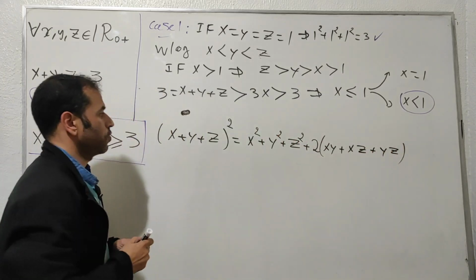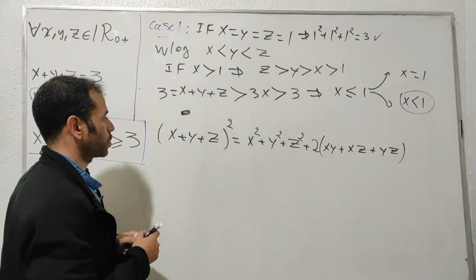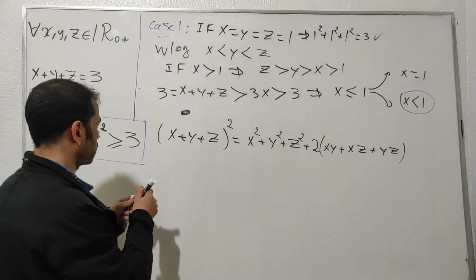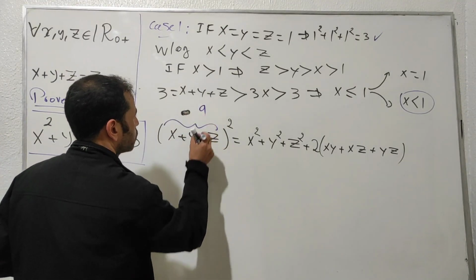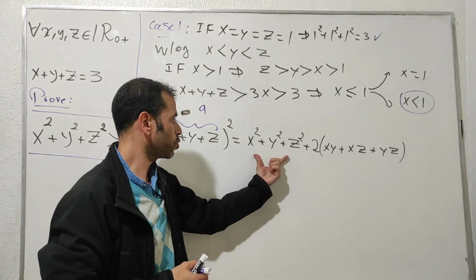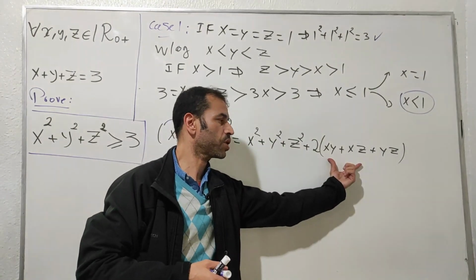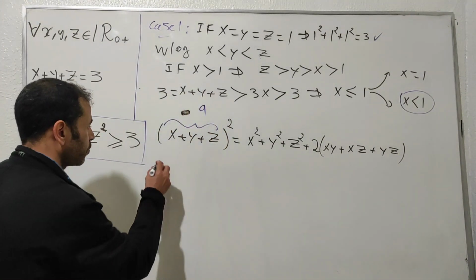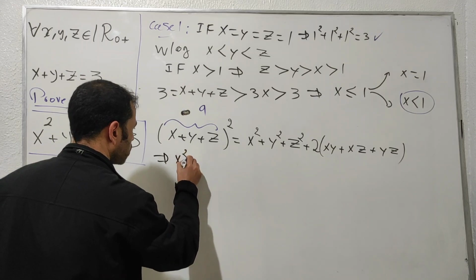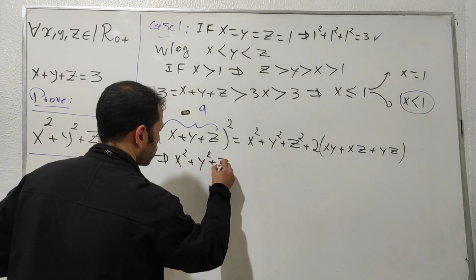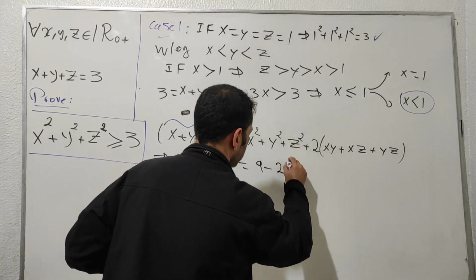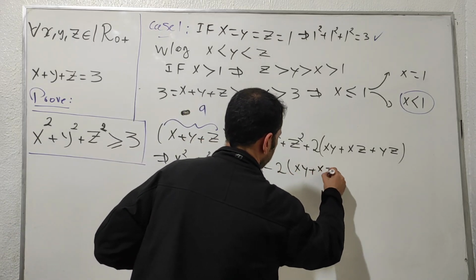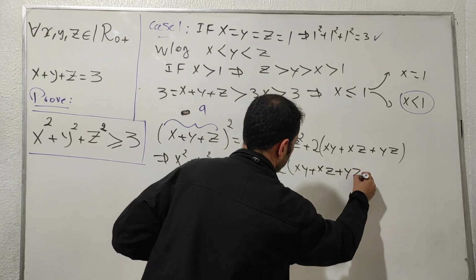If you distribute this, it gives us this. Remember, x plus y plus z equals 3, which means this will be replaced with 9. Now let's move this bunch of terms to the left. I get x squared plus y squared plus z squared equals 9 minus 2 times xy plus xz plus yz, like this.